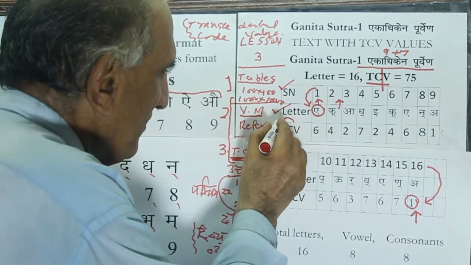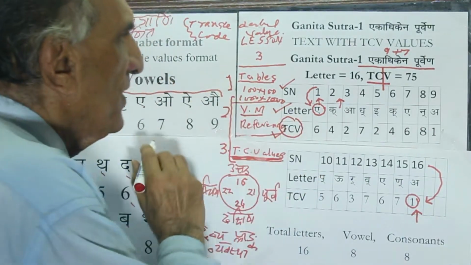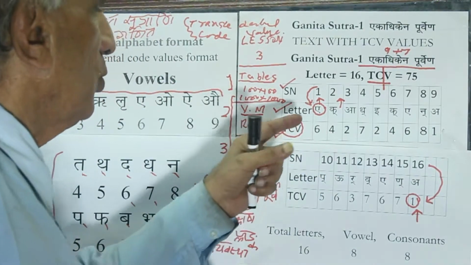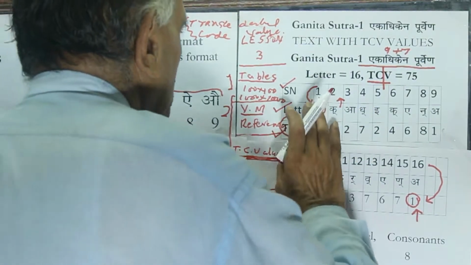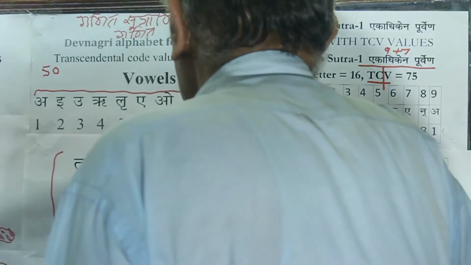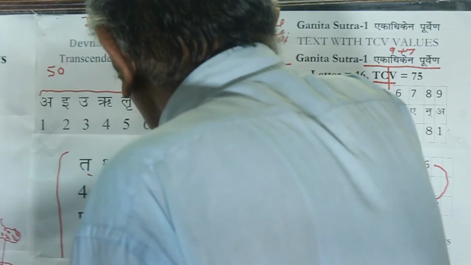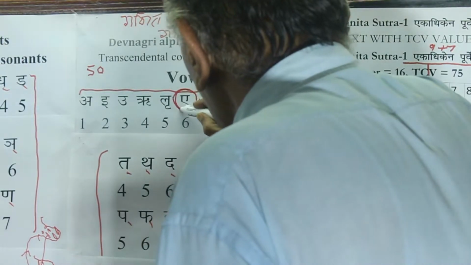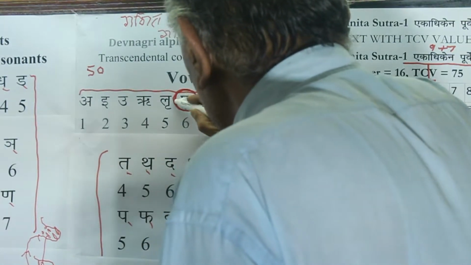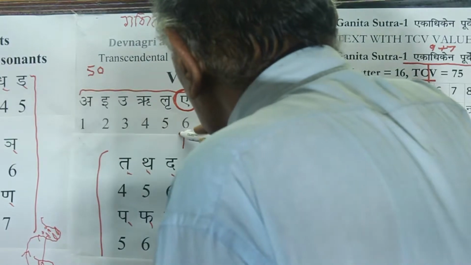But as far as the TCV value is concerned, for it we have to go for the location of these letters in the Devanagari alphabet. The first letter A is a vowel, and it is of the 6th placement in the array of the vowels, and it is value 6.